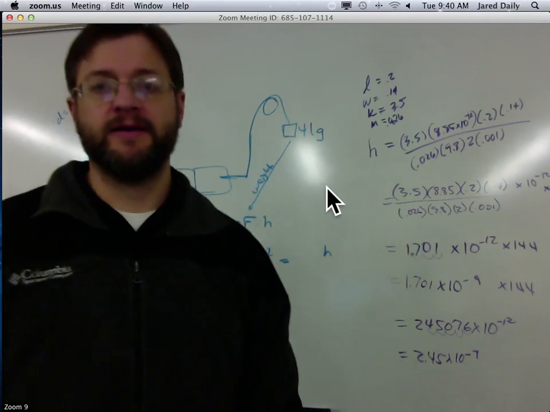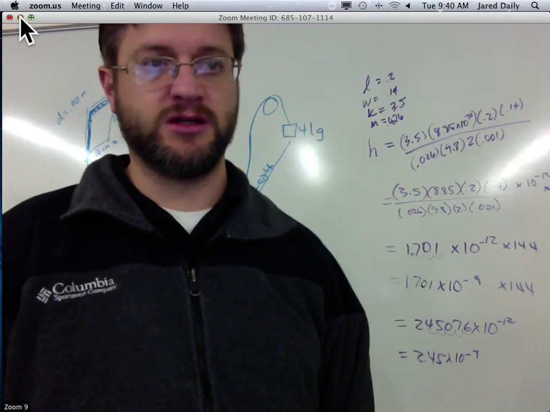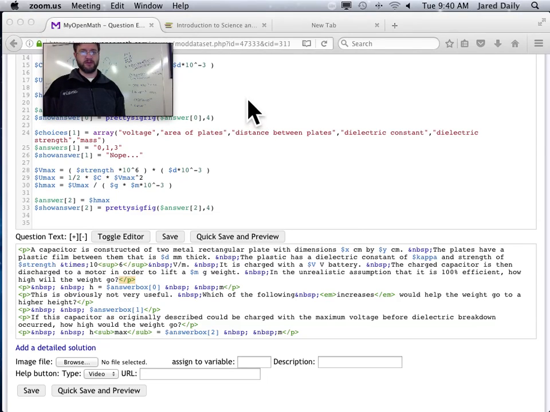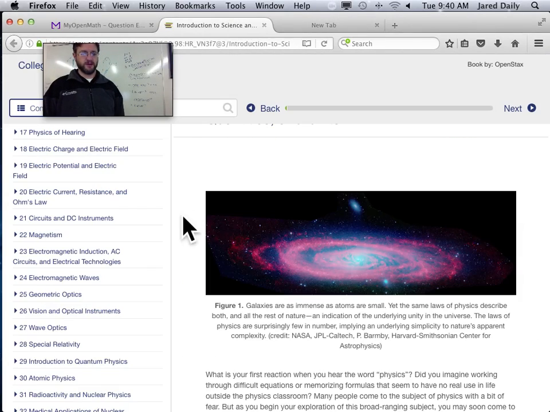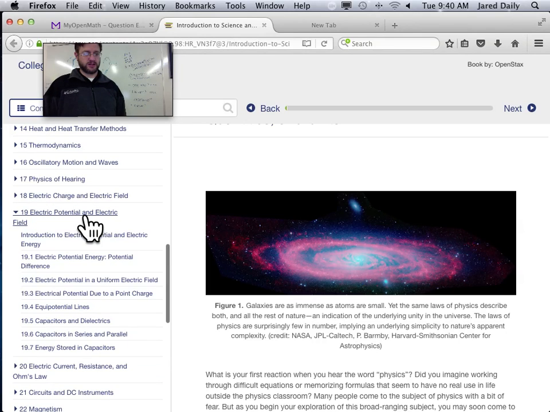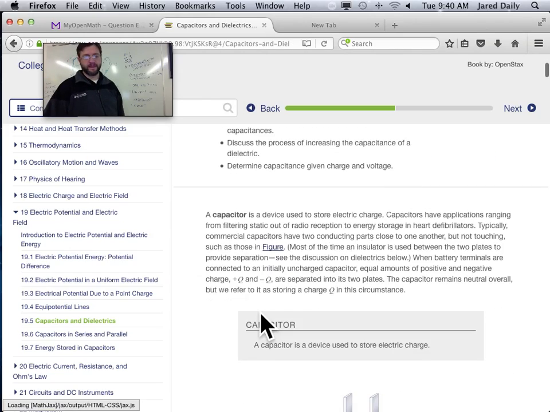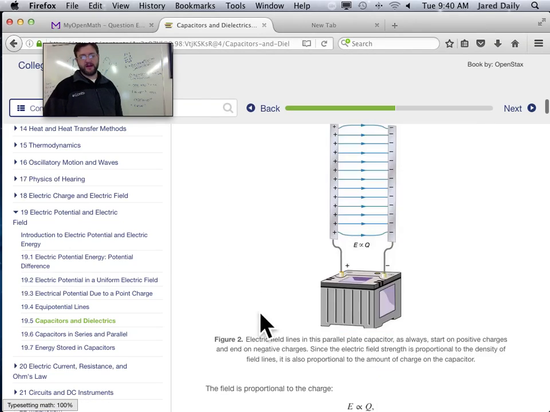And we can look in the book. It has the formula on some page. I don't remember where. Chapter 19, capacitors and dielectrics. Right here.